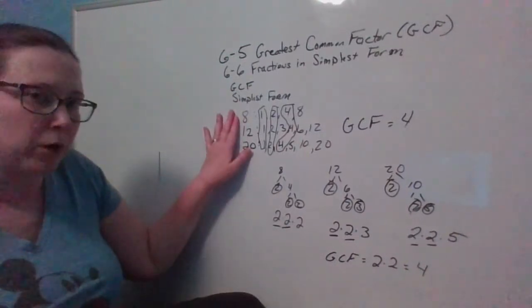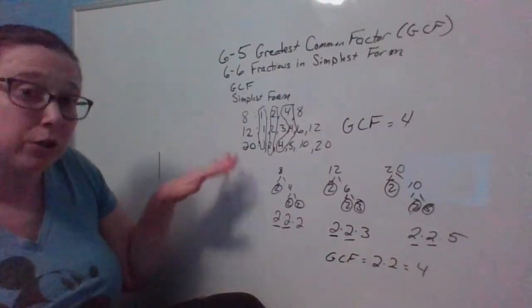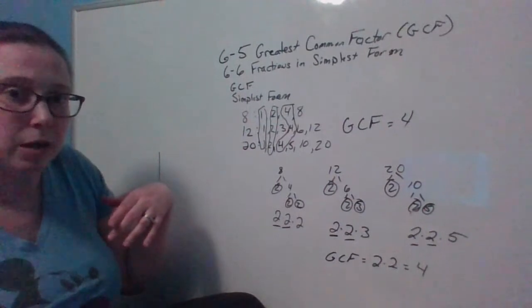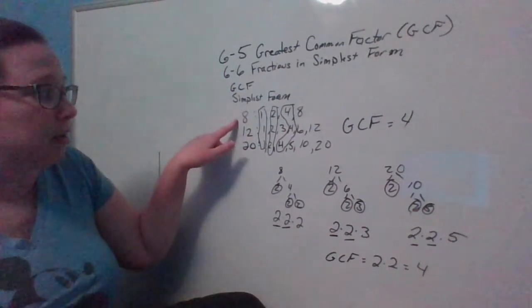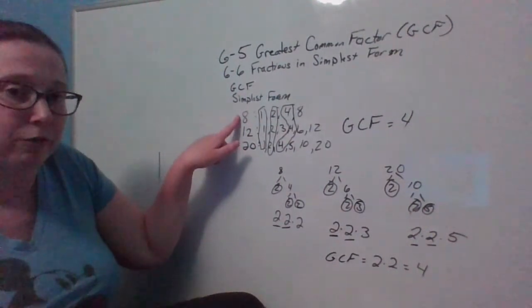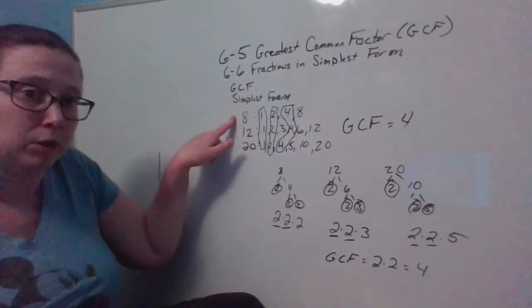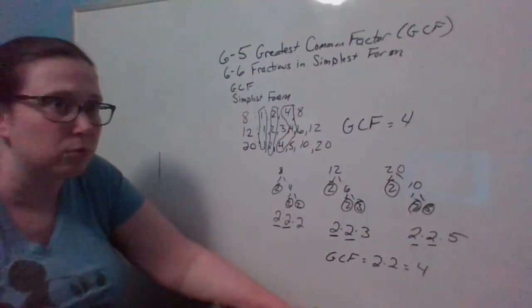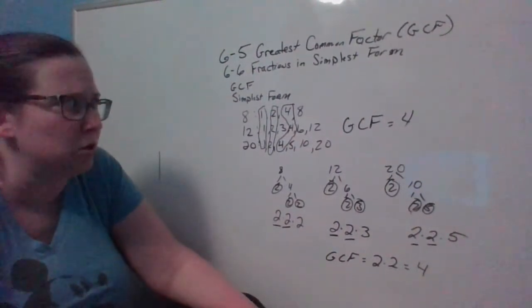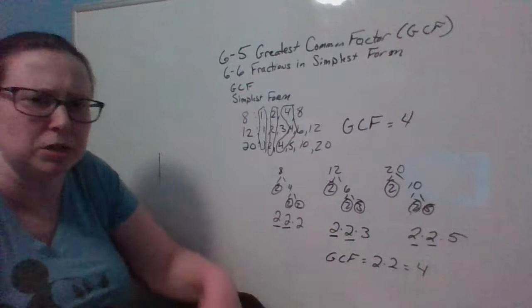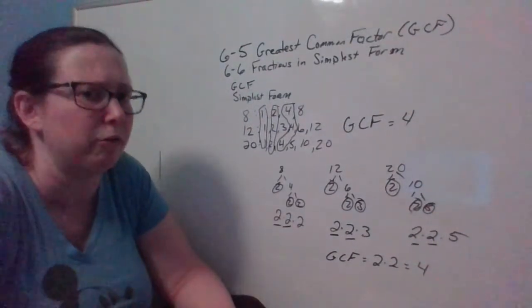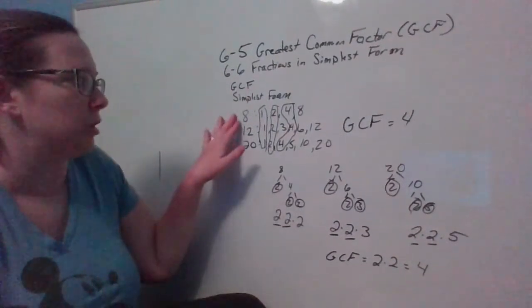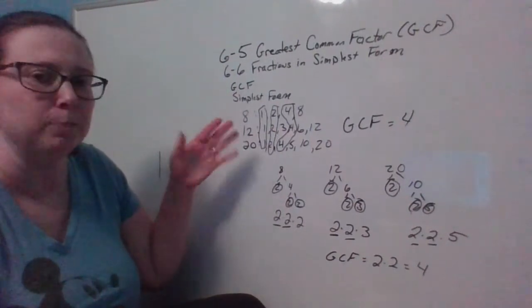Start with your smallest number. If it goes into your other two numbers, you're done. That's your greatest common factor. If not, then you need to start thinking about the factors of your smallest number. You do that because your smallest number is almost always, if not always, going to have the least number of factors. So start there, work with your smaller number.